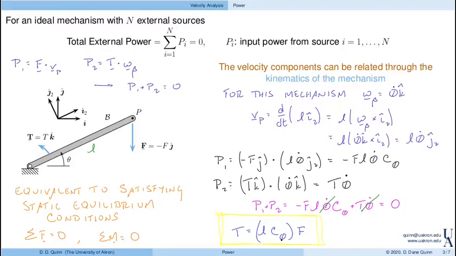Also important, as I just mentioned, it doesn't depend on how fast the bar is moving, because that theta dot term canceled out. So using the power, using the kinematics, we're actually able to relate forces and moments without directly addressing static equilibrium conditions. I think that's kind of cool.